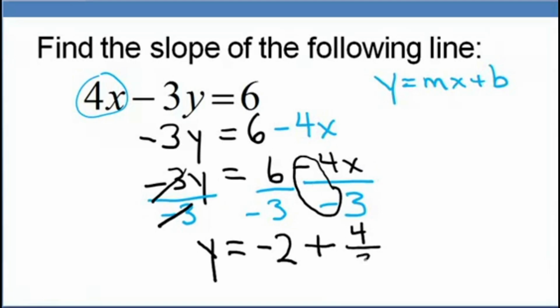So it will be 4/3 x. Now, our equation is turned around a little bit, but it is in slope-intercept form. The y is isolated. That's the part that's important. So our slope will be the coefficient of the x from this form. So our slope is going to be 4/3.